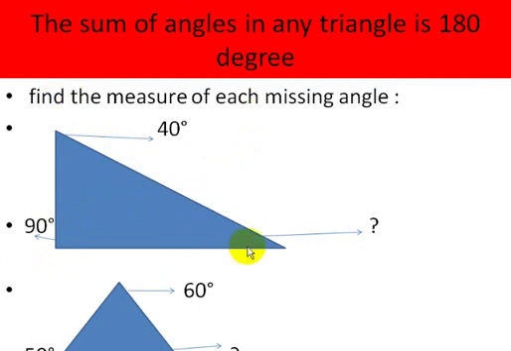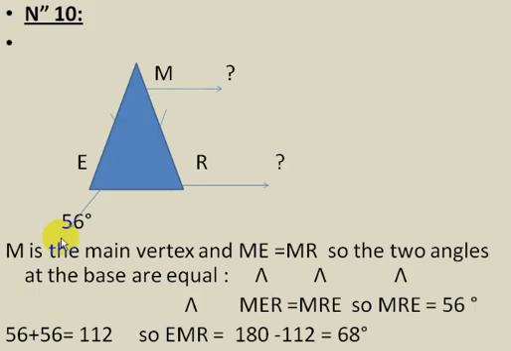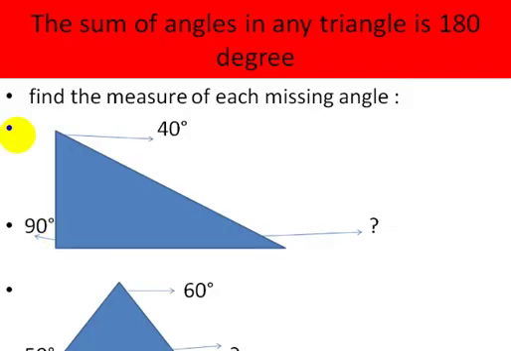Now let's move to our question. We have to find the measure of this angle. The first one is 90 here, and the second is 40. What about the third one here? As we know, the sum of the angles in a triangle is 180, so we have 90 and 40. 90 plus 40 is 130.